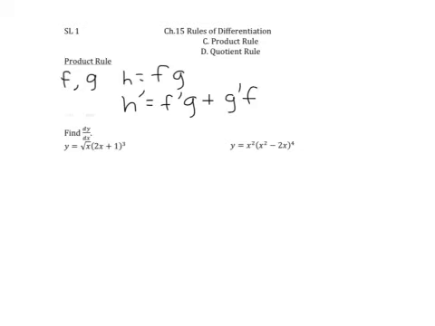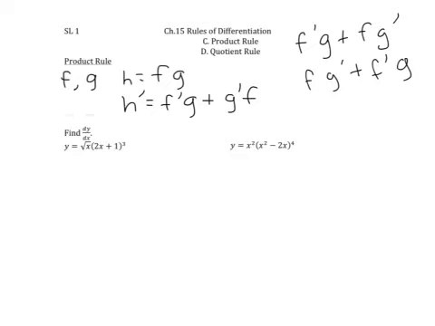And there are many ways of writing this same derivative of h, where you can write it as f prime g plus f g prime, or f g prime plus f prime g, but they all mean the same thing. So let's move on to one of our questions in here.